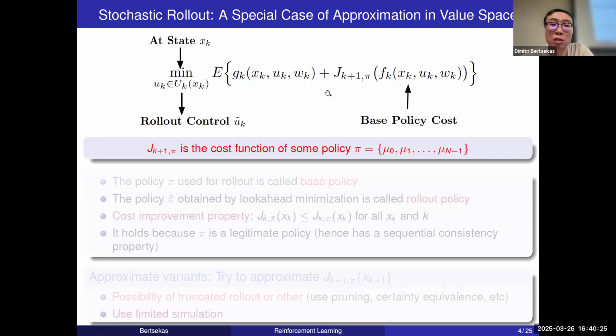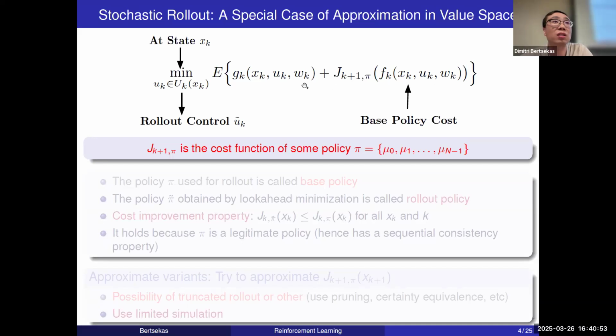However, what is new here is this stochastic quantity, wk, which leads the state, after applying xk and uk, to some next state which is not fully certainly predicted. Because in the deterministic system, at state xk, after applying uk, we know exactly where the next state is going to be.